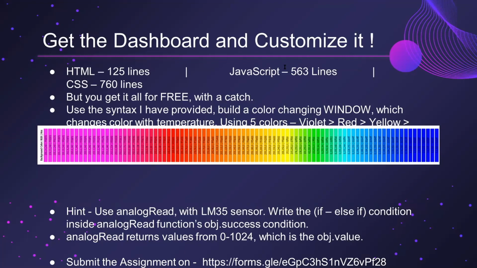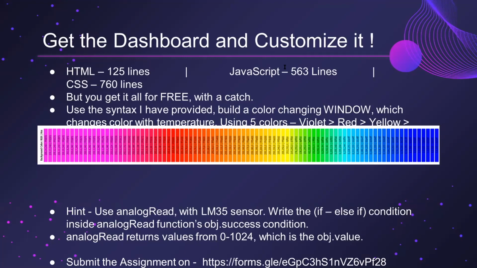Everyone knows that. You can use the if-else condition inside your obj.success and check the obj.value. Whatever it returns, use that return value and change your window background color.